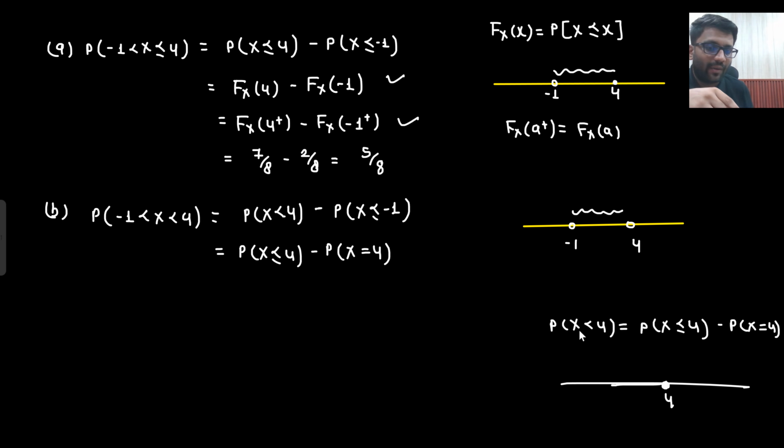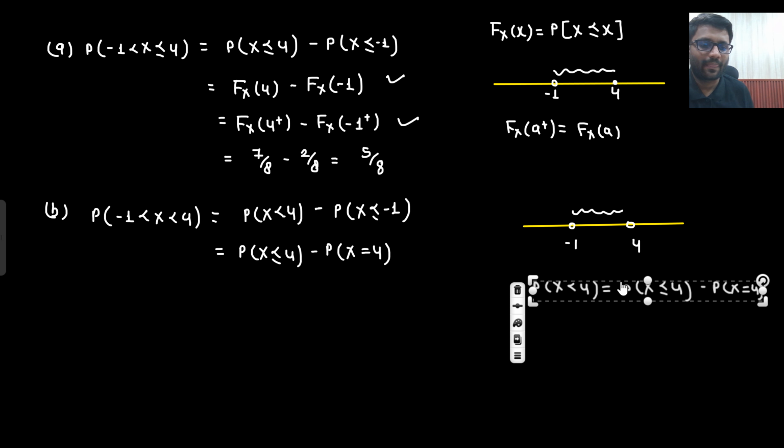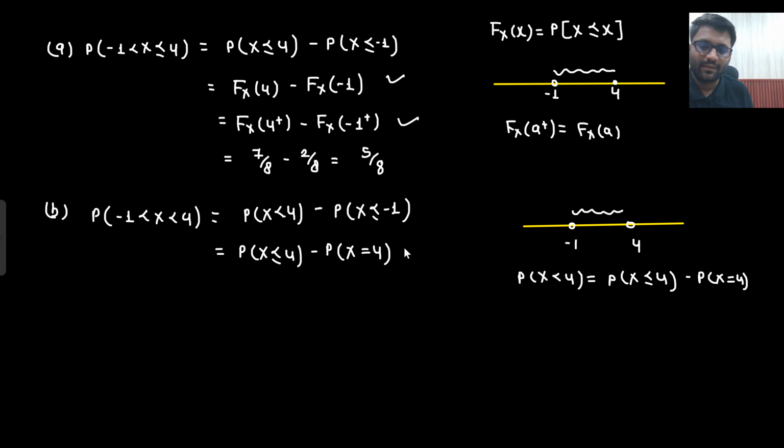So what I did, probability of x less than 4, I am putting as x less than equals to 4 minus x equals to 4. Is that clear to you? Minus probability of x taking value less than equals to minus 1. So what is this? Fx of 4. And what is this?